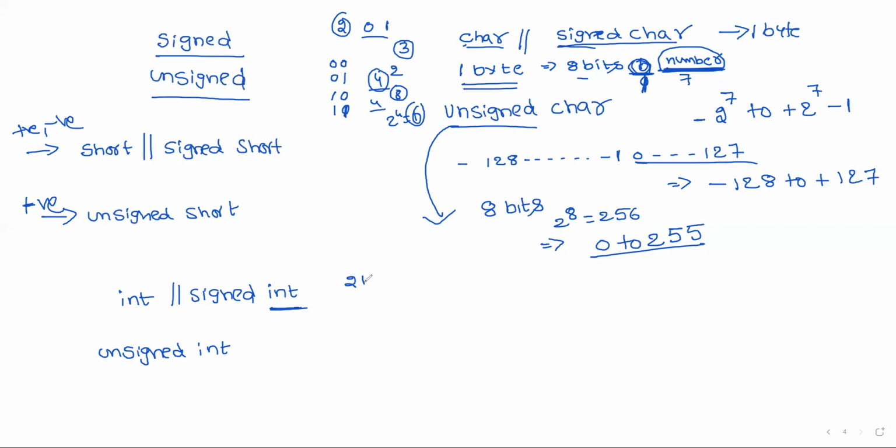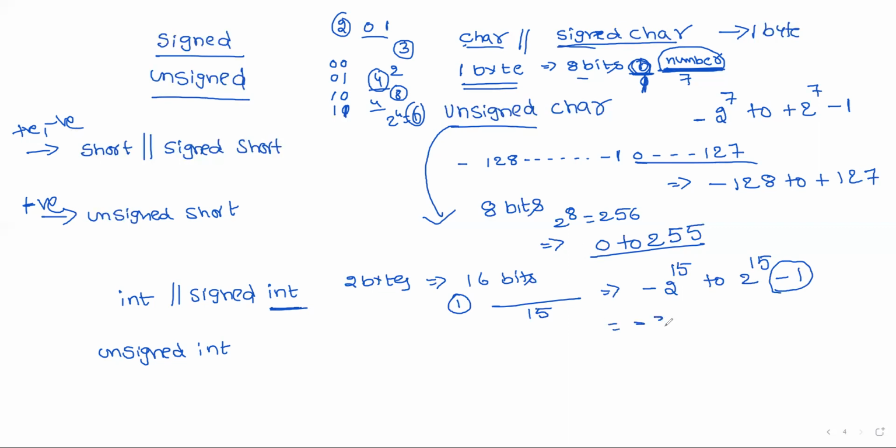Similarly, here I am explaining for integer. What is 2 bytes? 2 bytes in the sense a total of 16 bits. Among 16 bits, 1 bit is reserved for sign. How many bits are they using? 15 bits. So what is the range? Minus 2 power 15 to plus 2 power 15 minus 1. You observe, minus 1 is used because it starts from 0.